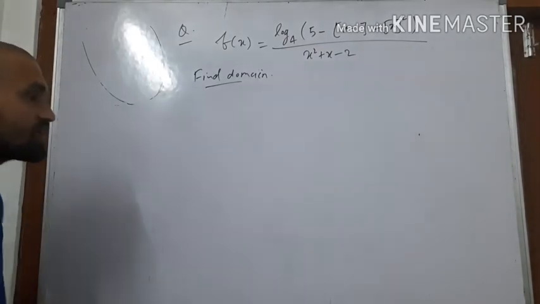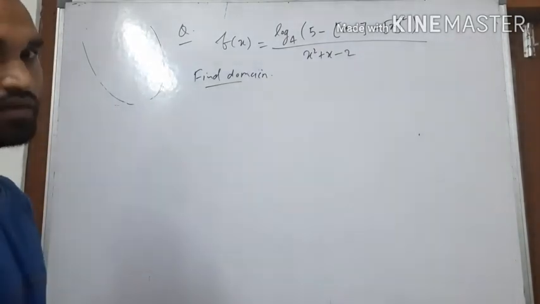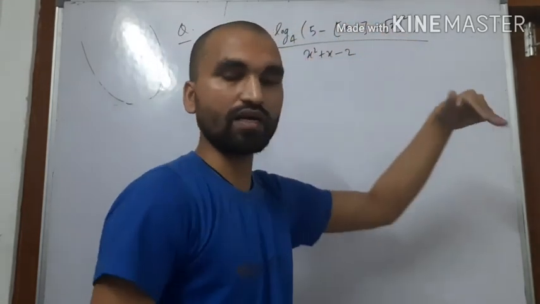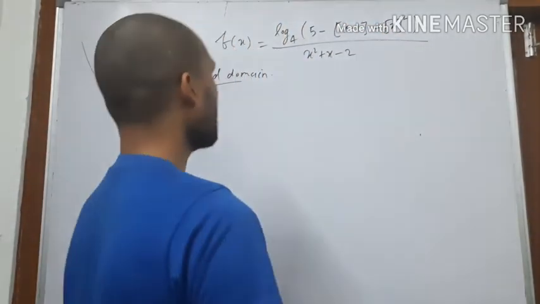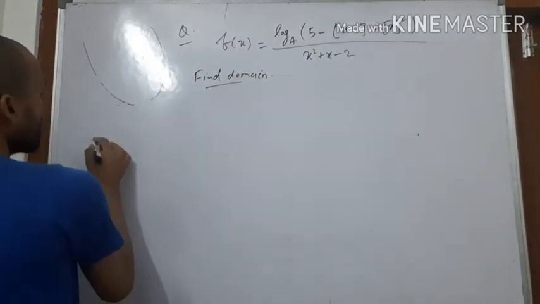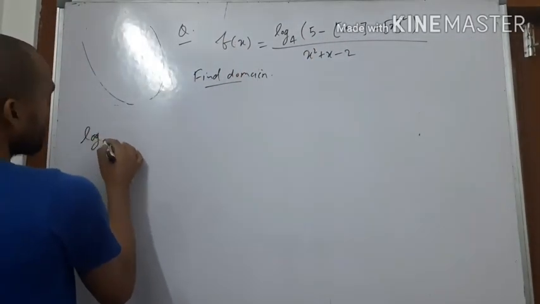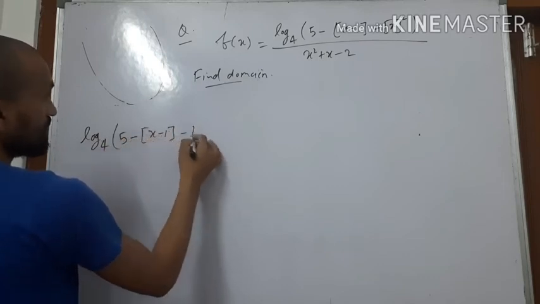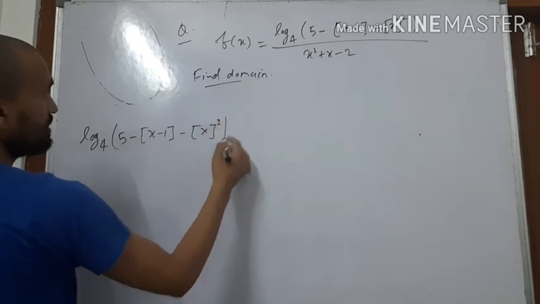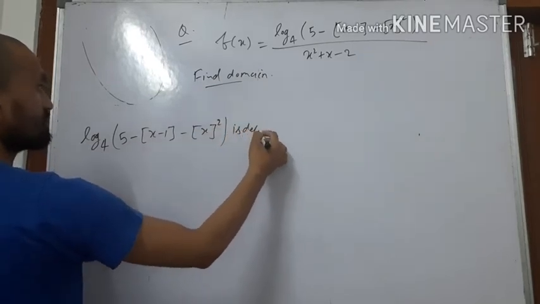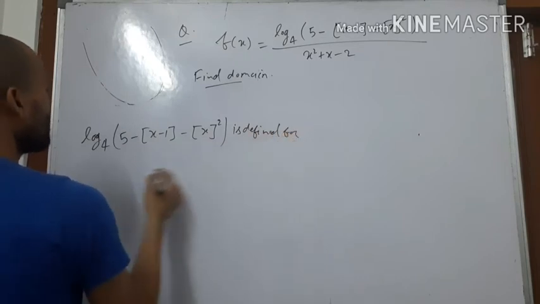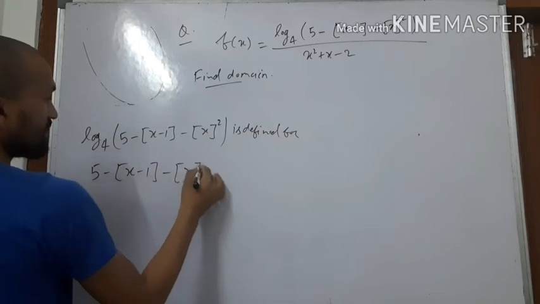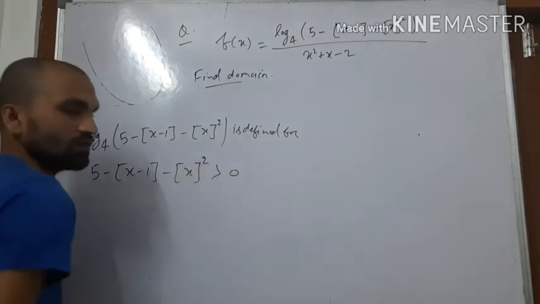We know that a logarithmic function log x is defined when x is greater than 0. So we should note down here that log base 4 of 5 minus greatest integer of x minus 1 minus greatest integer of x square is defined for 5 minus greatest integer of x minus 1 minus greatest integer of x square greater than 0.